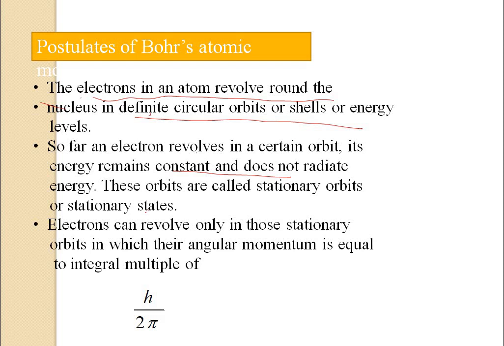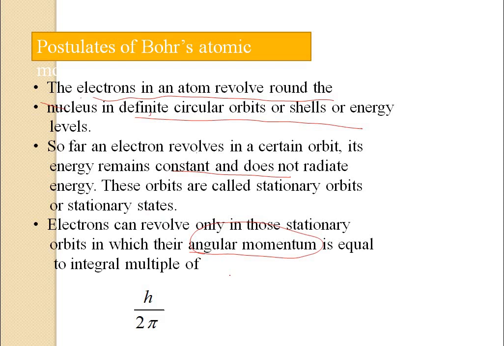One more postulate of Bohr is the angular momentum, which is very important. The electron revolves only in those stationary orbits in which the angular momentum is an integral multiple of h by 2 pi.